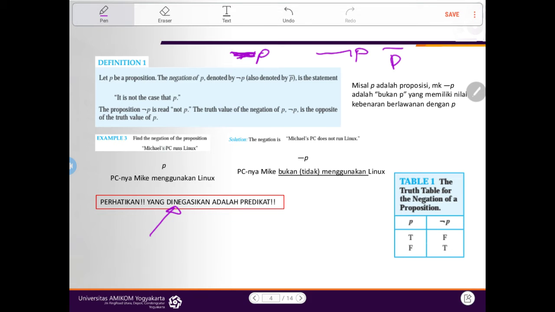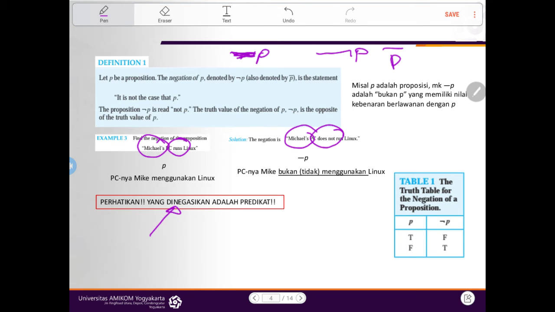So Michael, the subject, always stays as it is, but the negation is only on the predicate. So if the positive statement is runs, the negative is does not run.